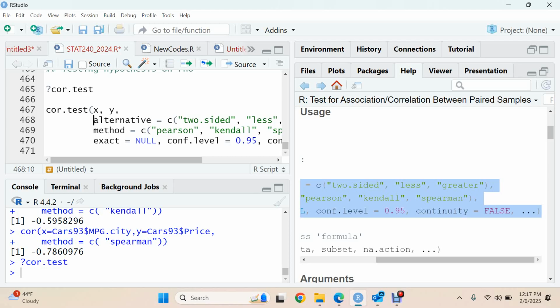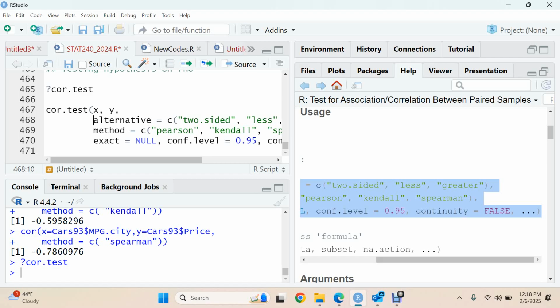So in that case, I'll test this against H1: rho is less than 0. Our research question is to check whether there is actually a negative correlation between what? The stopping distance of a car and what? No, what was it?